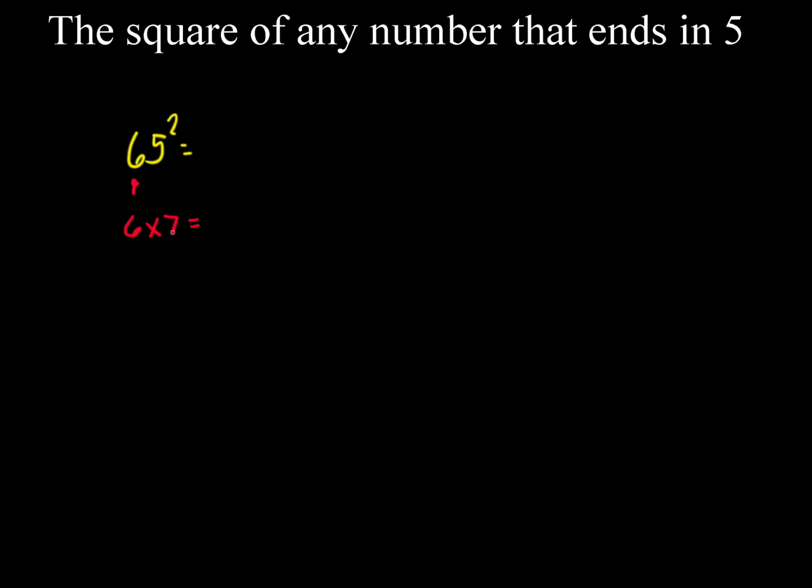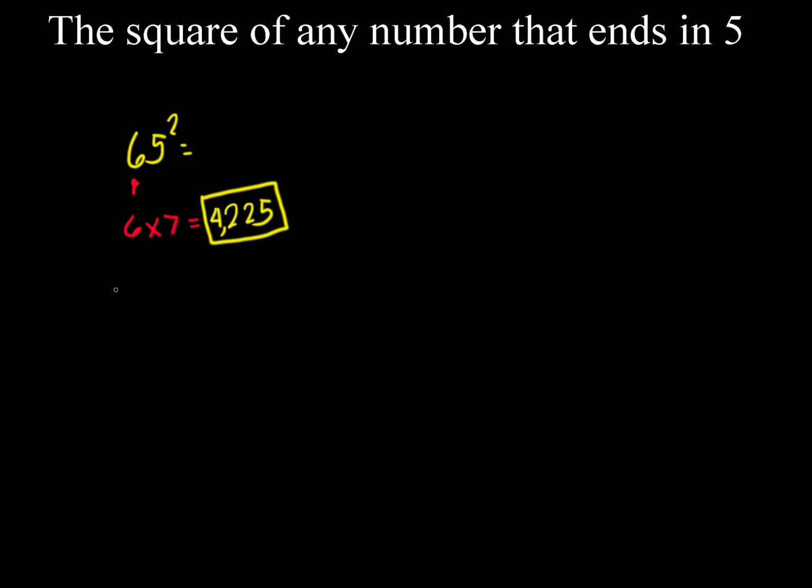So 6 times 7 will just give us 42. And then we're just going to place 25 after your 42. So therefore, the square of 65 will just be 4,225. Easy, right? So let's take a look at another number.